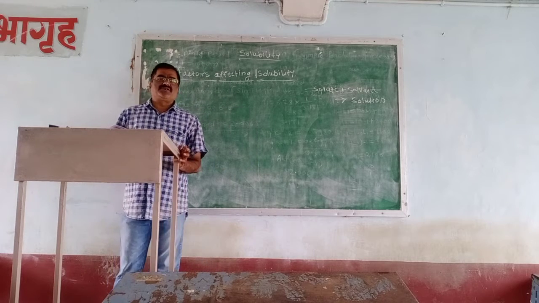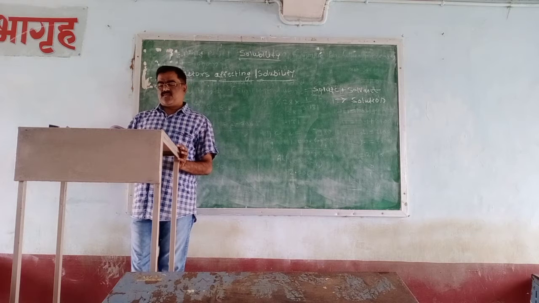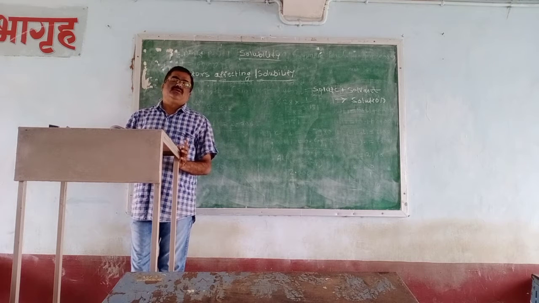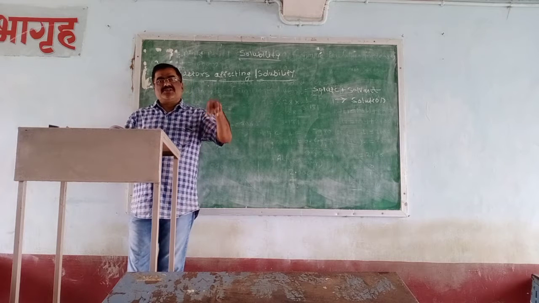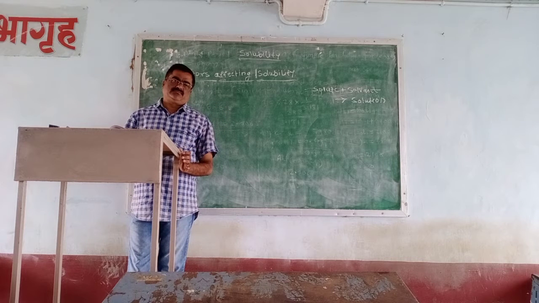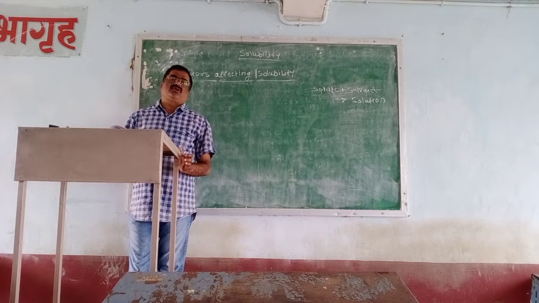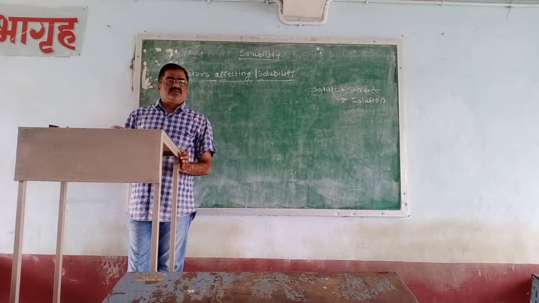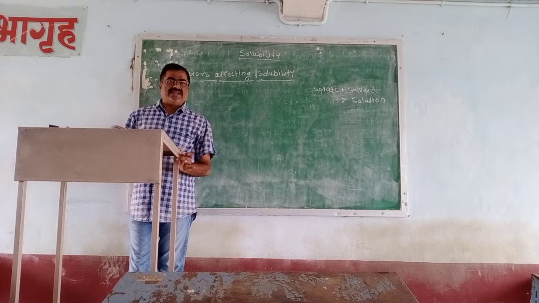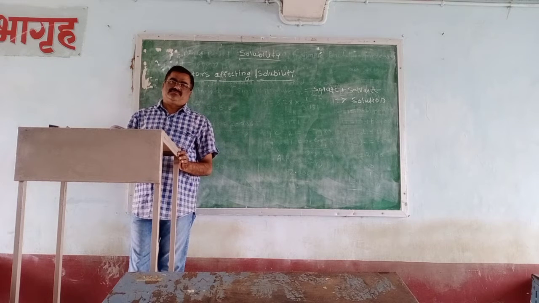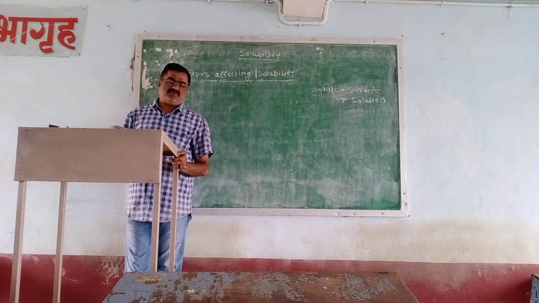Then the capacity of a solution to dissolve the solute. Solute म्हणजे काय? तर जो घटक dissolve होतो into the solvent, that is called the solute. And the component in which the solute dissolves is called the solvent.